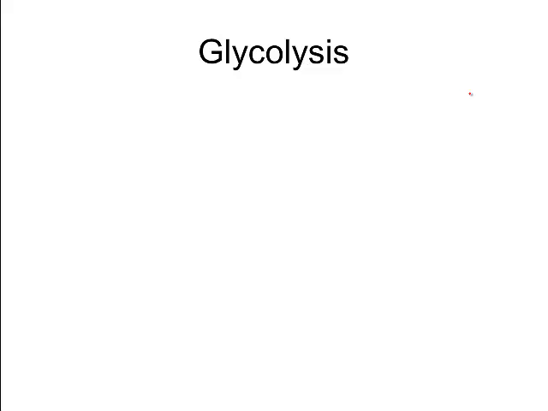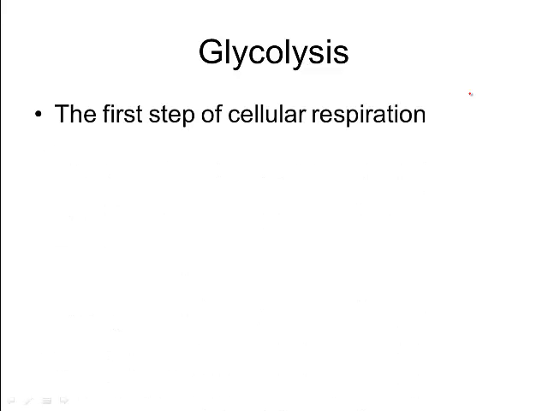Now, the process of getting energy from glucose always starts with glycolysis. So it is the very first step of cellular respiration. No matter what, you have to do this step before you can get any energy out of a glucose molecule. And this step is actually what happens in the cytoplasm.